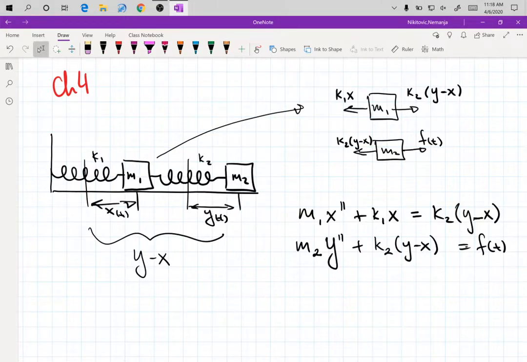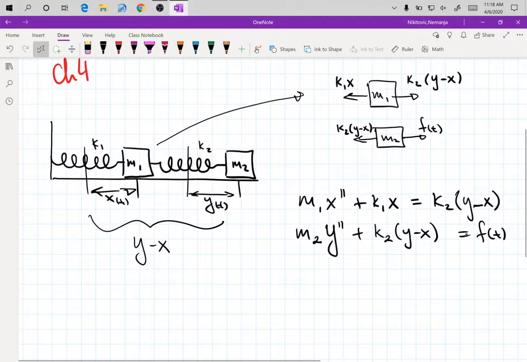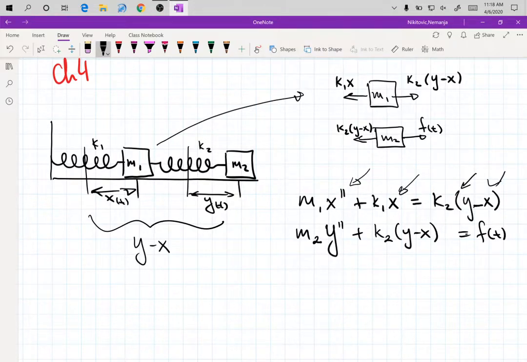So these are mathematical models that we get to write when we have these systems attached to each other. So now we notice that we have the derivatives and we have regular f of t functions, right?